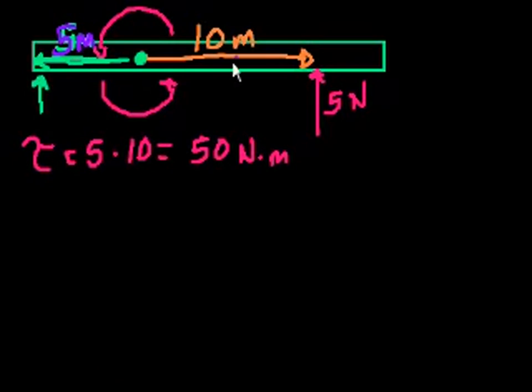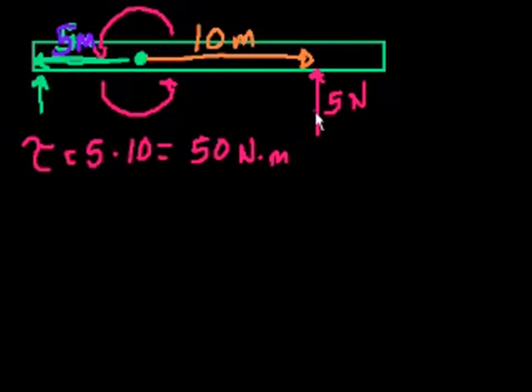If I tell you that the object is not rotating, that means that the net torque on this ruler must be 0, because its rate of change of rotation is not changing.